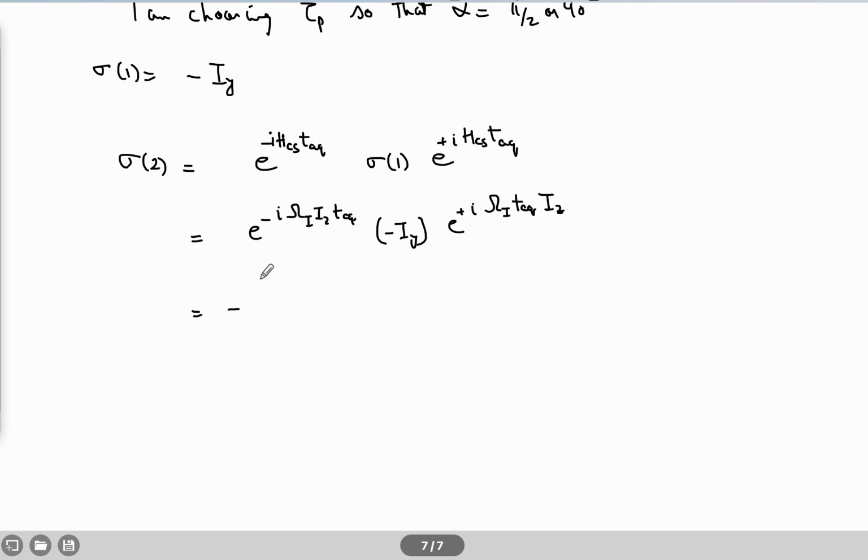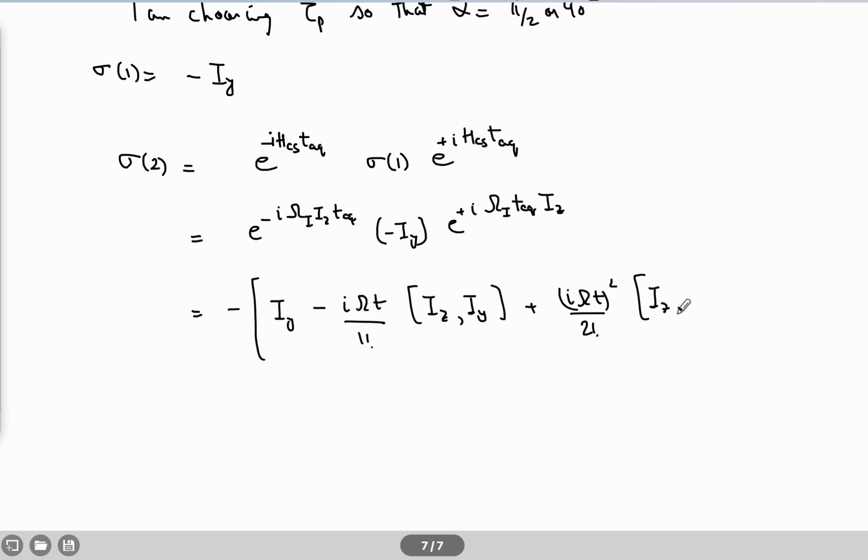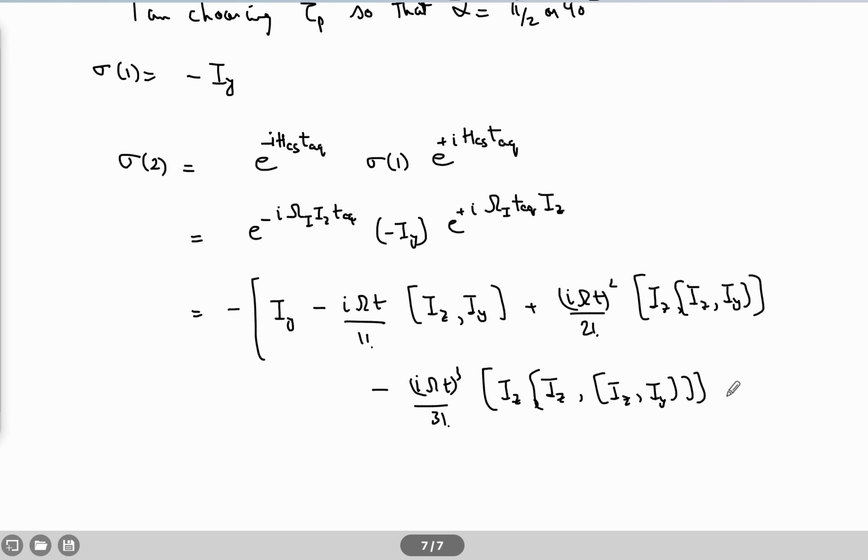So I'll have negative sign which I'll take out, then Iy, minus i omega t by 1 factorial, and I will have commutation between now Iz and Iy, plus i omega t by 2 factorial, this is square, and I will have double commutator Iz Iy, minus i omega t cube by 3 factorial, now I'll have triple commutator Iz Iy, and so on.